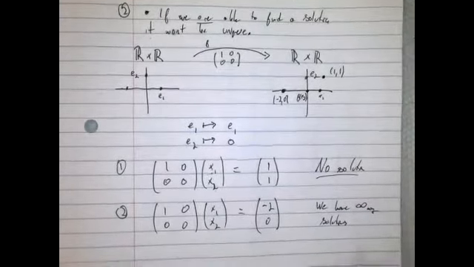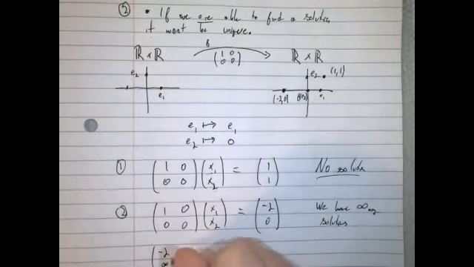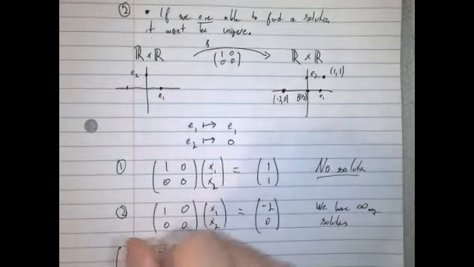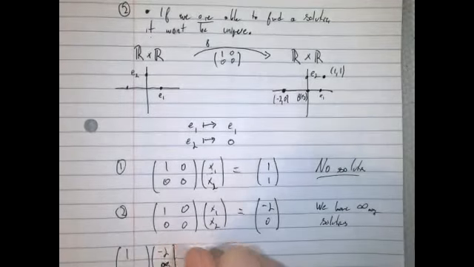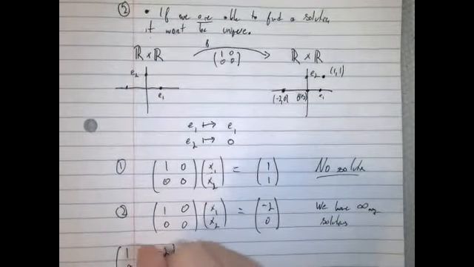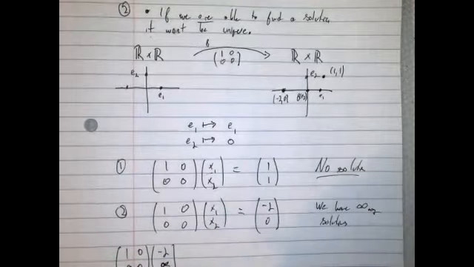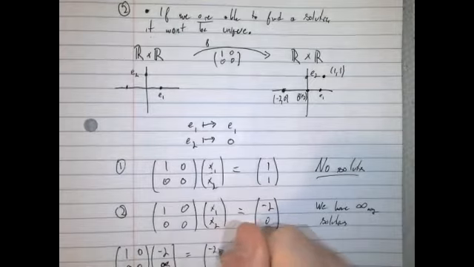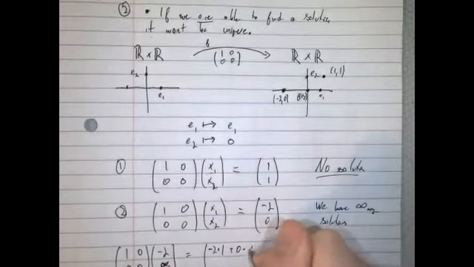The solutions that we have can be written as -2, alpha, where alpha is anything. Because if I do the matrix multiplication, -2, alpha multiplied by this matrix, I get back exactly -2 times 1 plus 0 times alpha.